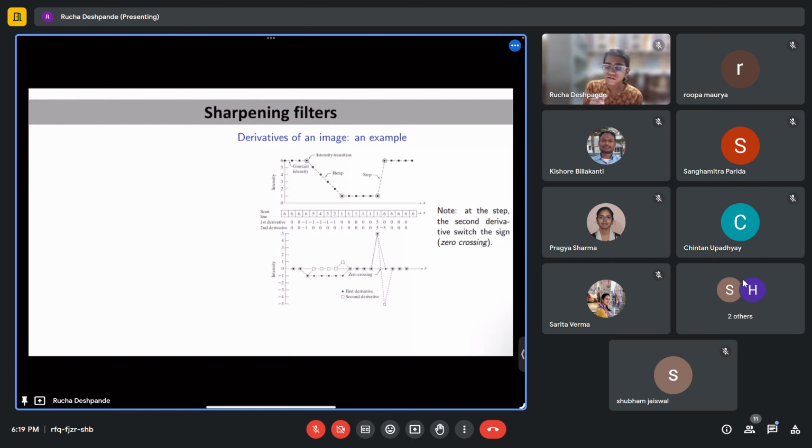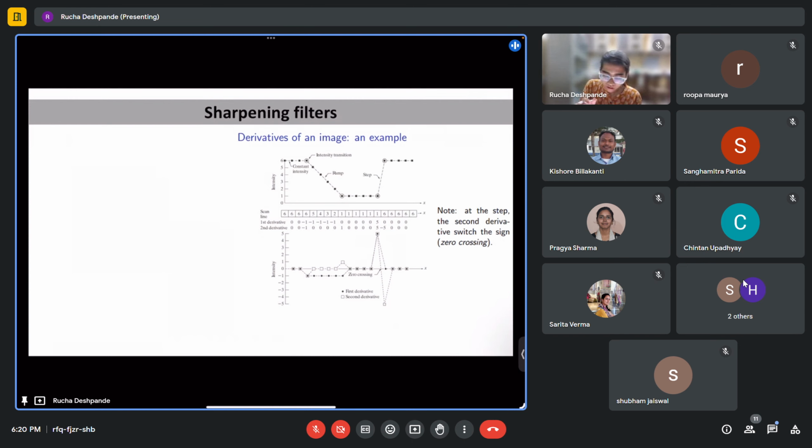Okay, so we saw smoothing filters, where we saw averaging linear filters and order statistics nonlinear filters. Now we'll move to sharpening filters. In sharpening filters, as we saw before starting the lecture, the filter would make the intensity variations in the image more prominent.